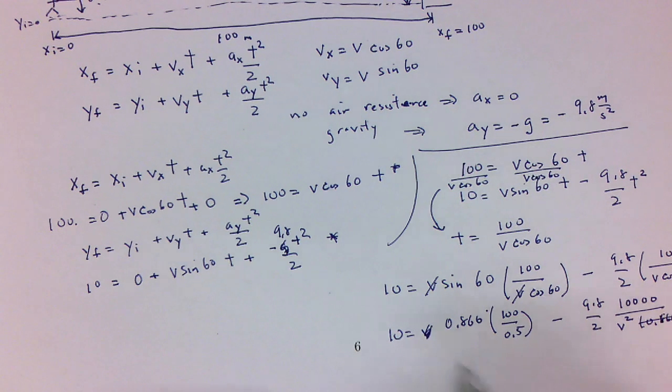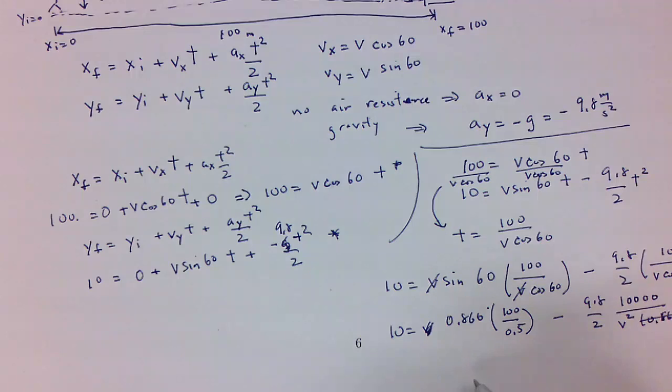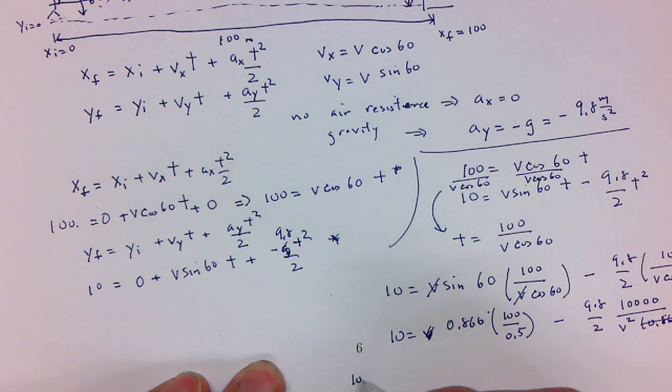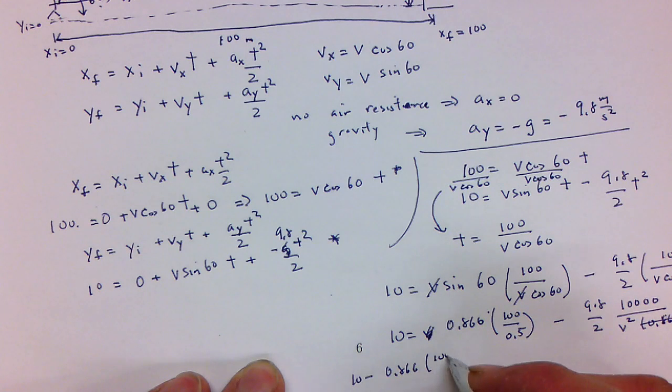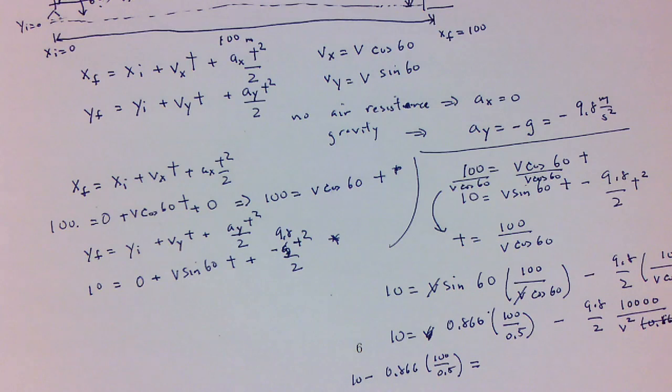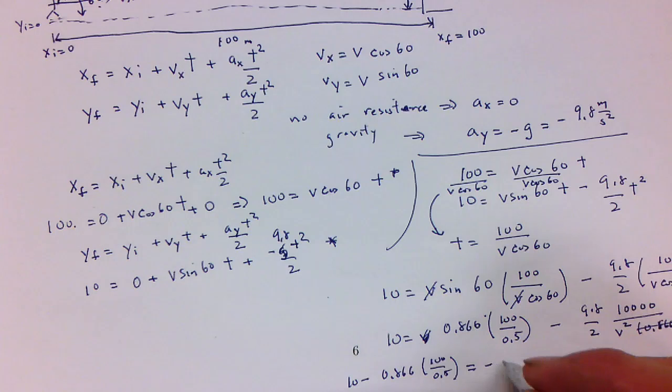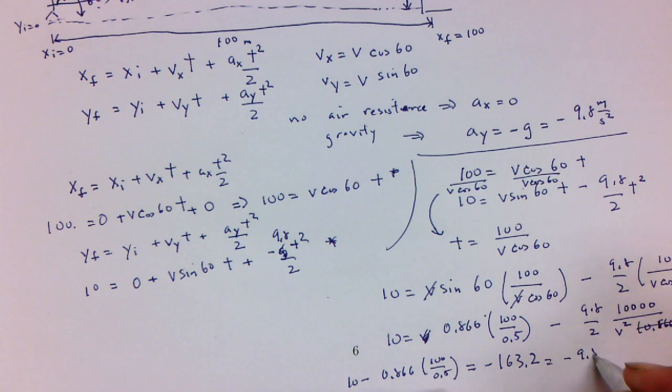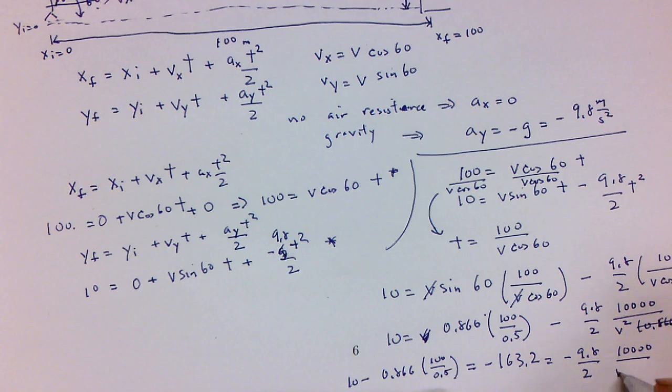If you work this out, if you subtract out 10 minus 0.866 times 100 over 0.5, this is equal to negative 163.2, which is equal to minus 9.8 over 2 times 10,000 over v squared times 0.25.